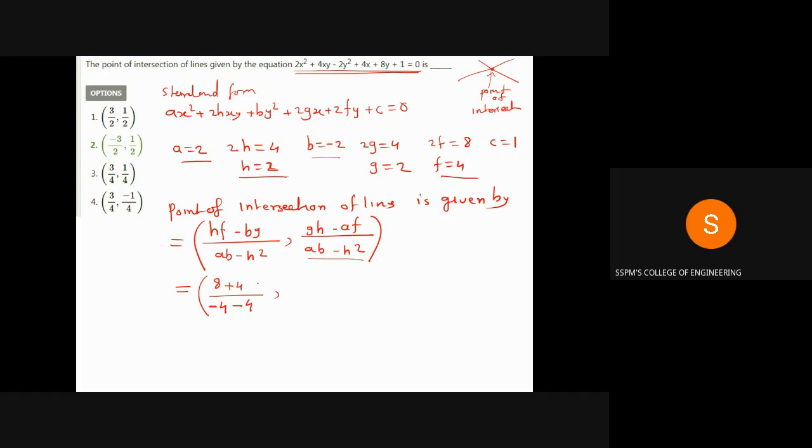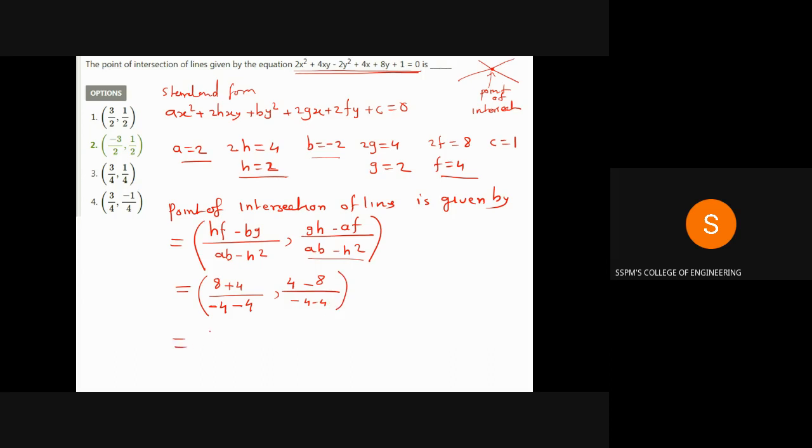Then for the y coordinate, gh, g is equal to 2, h is also 2. So gh is equal to 4 minus af, a is equal to 2, f is equal to 4, so 4 into 2 is 8. 4 minus 8 divided by the same ab minus h square, that is minus 4 minus 4.